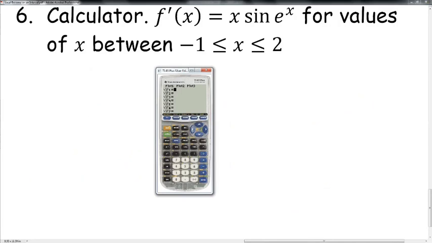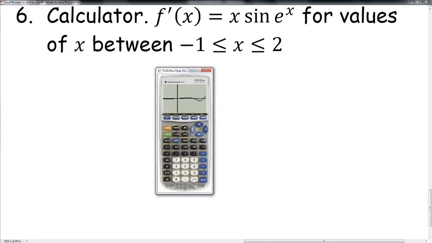All right, number 6, we're going to use our calculator. So I'm going to punch in x sine of e to the x. And I'm looking at my window, I'm looking from -1 to 2, so x min is -1, x max is 2. And then we're going to hit graph.